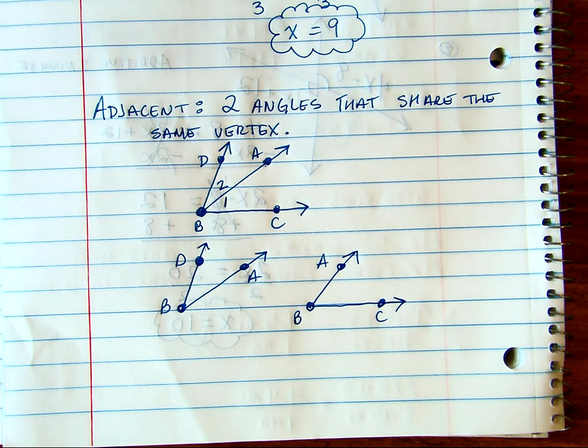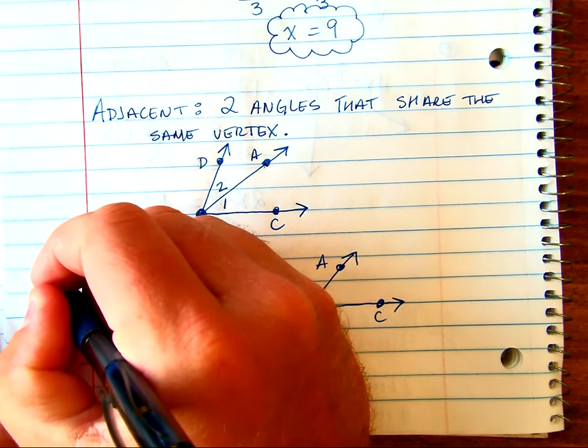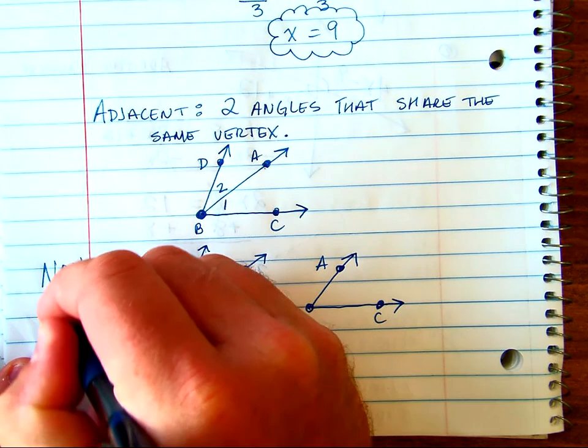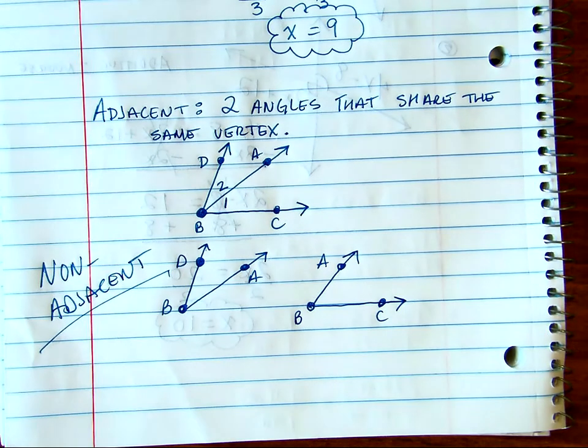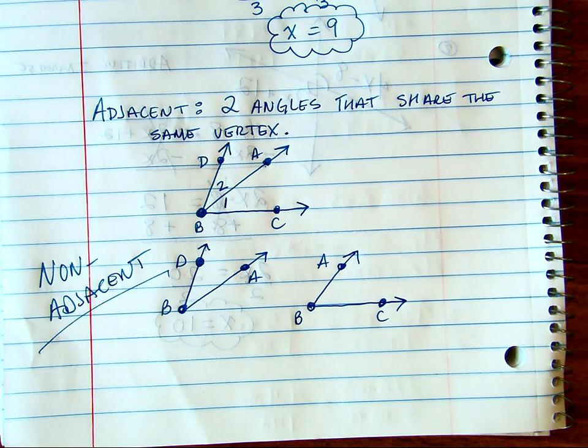That's called non-adjacent. Okay, I could put them together, and then they would become adjacent. Take them apart, and they become non-adjacent. What makes them non-adjacent is they don't share the same vertex. They're not laying right next to each other. Okay?